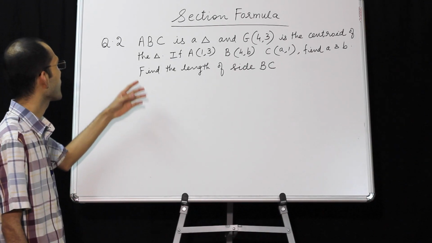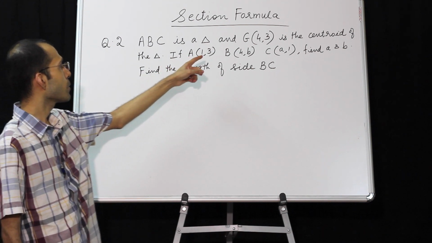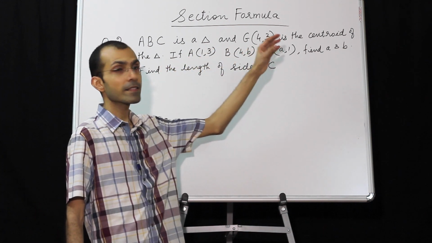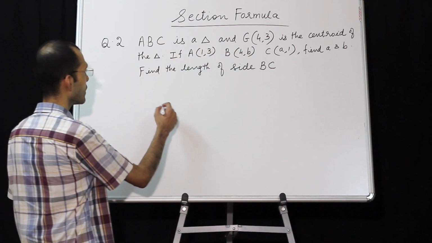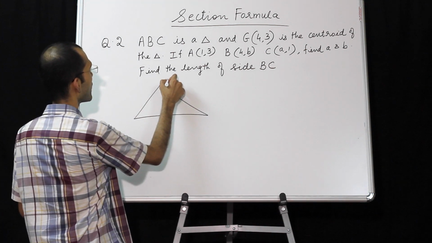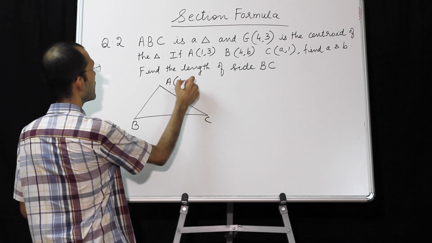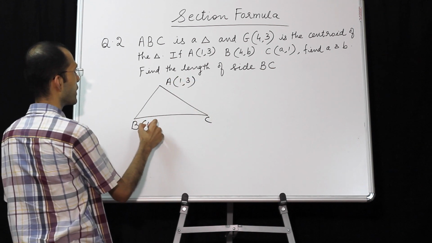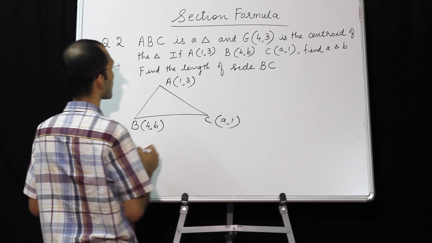Question 2. ABC is a triangle and G (4, 3) is the centroid of the triangle. Okay, so what we'll do, we'll just draw a rough sketch. This is A, B and C. A is (1, 3), B is (4, b) and C is (a, 1).